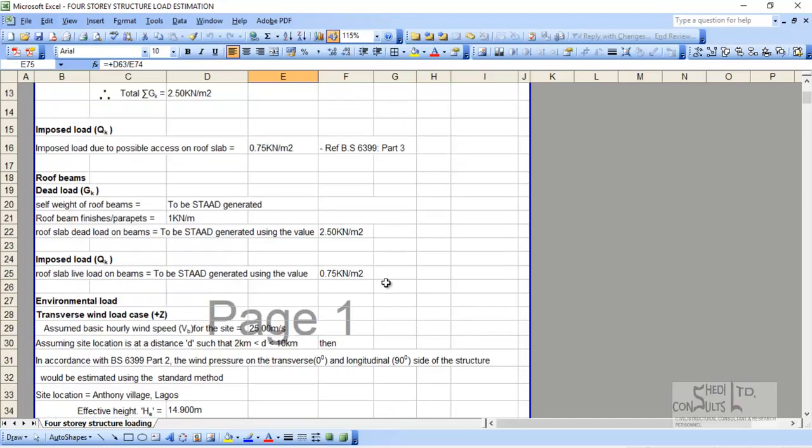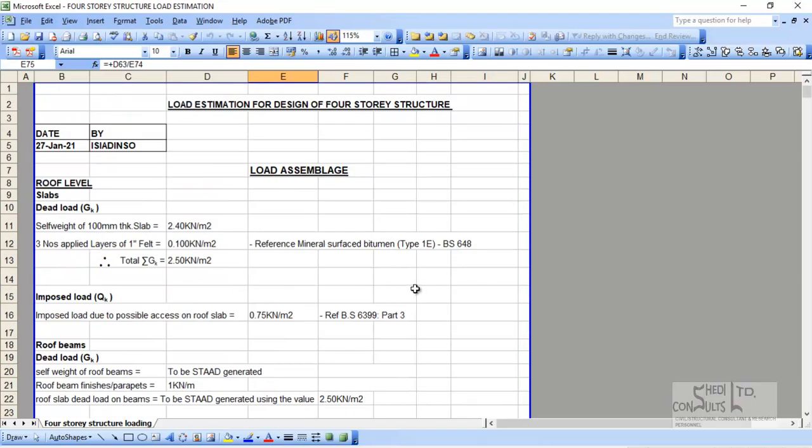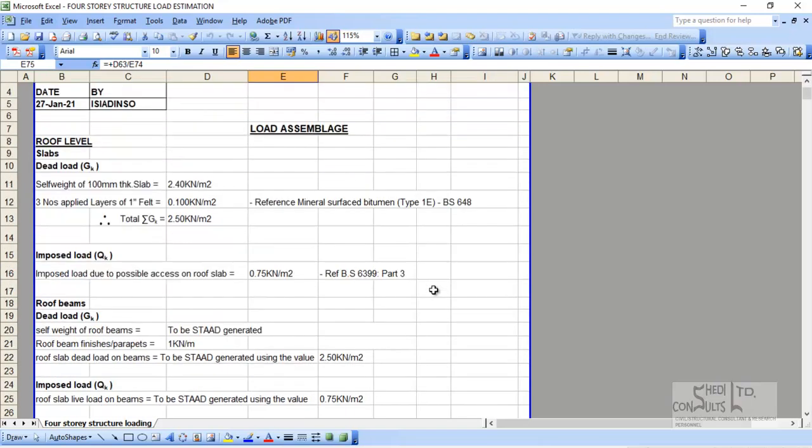Environmental load covers loads that result from environmental conditions such as wave, currents, wind load. Those are for offshore structures, so wave load, current loads, hydrodynamic loads for offshore structures or bridges over water. And then you also have environmental wind load, gust loads, sustained wind speeds as the case implies.